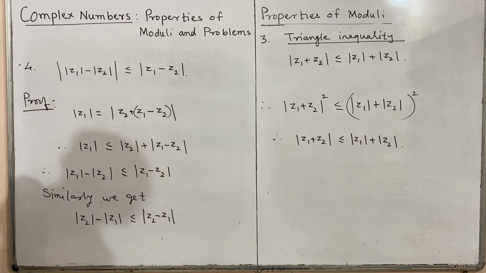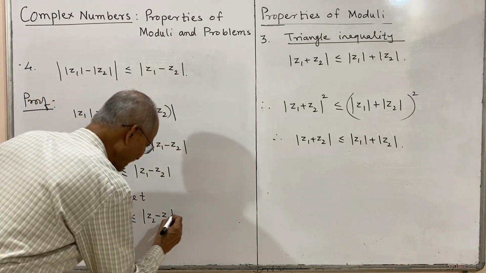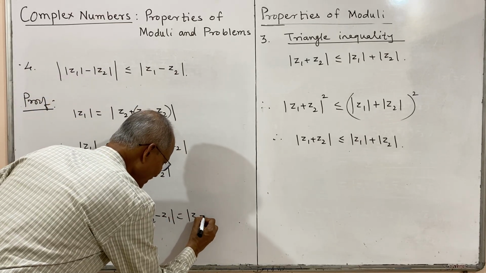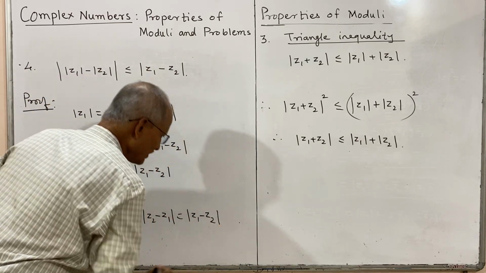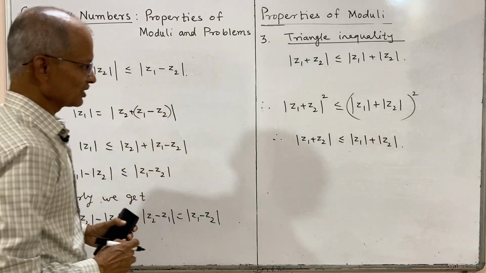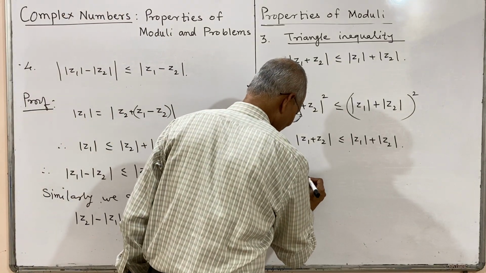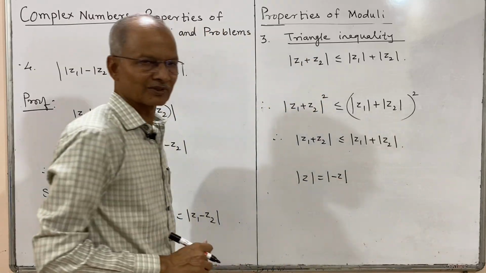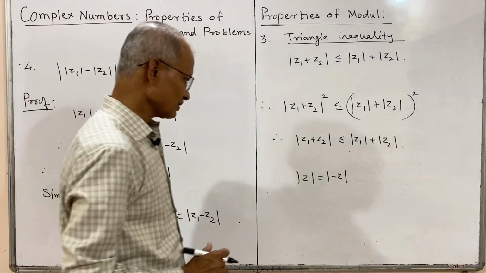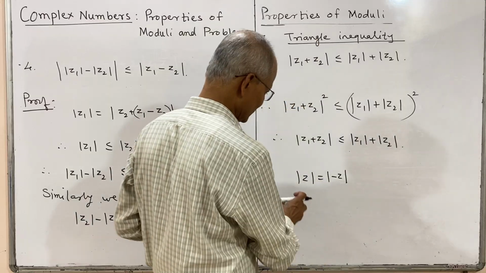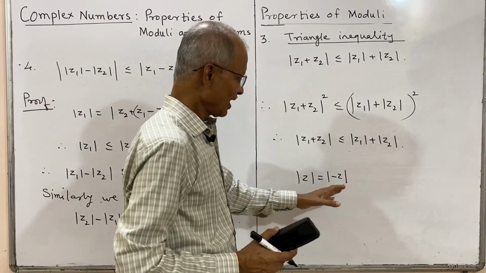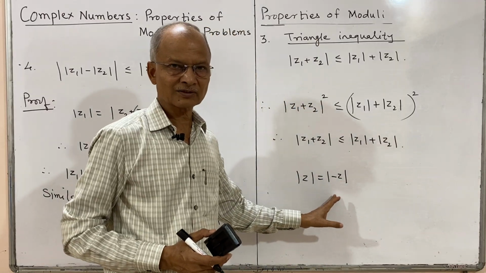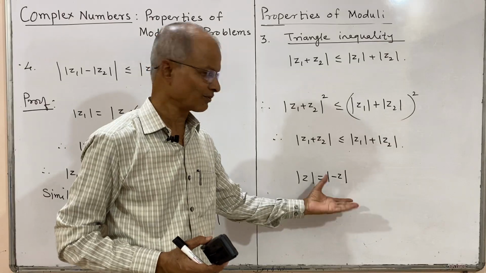But mod of z2 minus z1 is the same as mod of z1 minus z2. There is this result also, that mod z is the same as mod of negative z, because by definition this is root of x square plus y square, and this will be root of minus x whole square plus minus y whole square. Both will be the same.